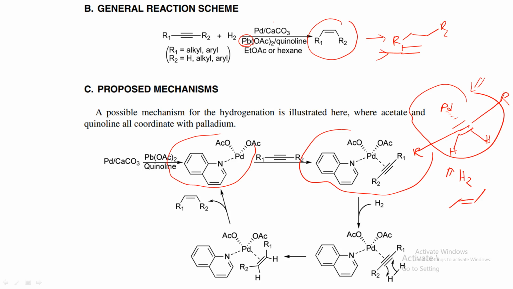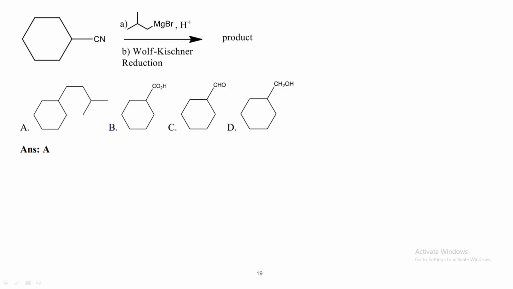So hydrogen has to appear or interact from the same face. So that's why the syn or Z geometry is generated by this particular reaction condition. So that's the reaction mechanism for the Lindlar catalyst.